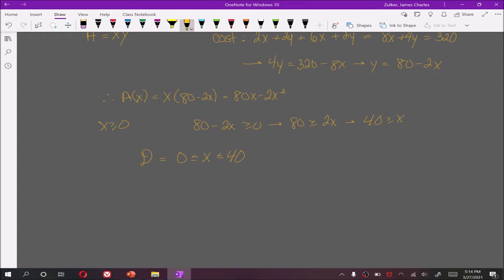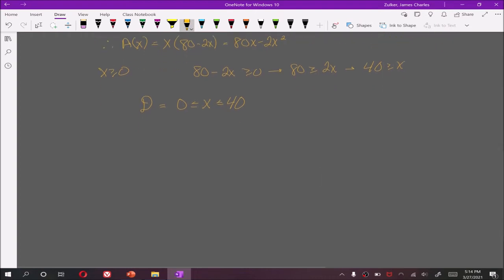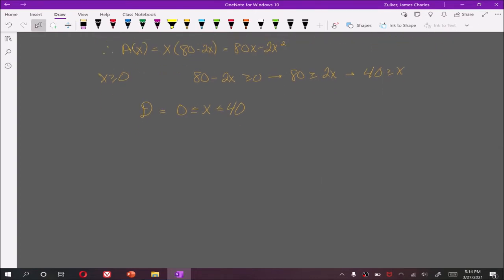We wish to maximize this function. So to maximize it, first take A prime of x, that is 80 minus 4x. Set equal to 0 and solve. We'll have x is equal to 20.